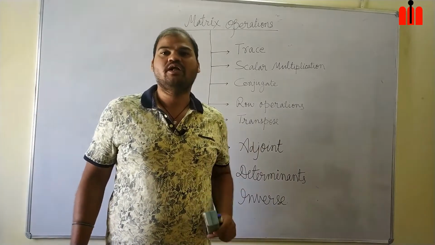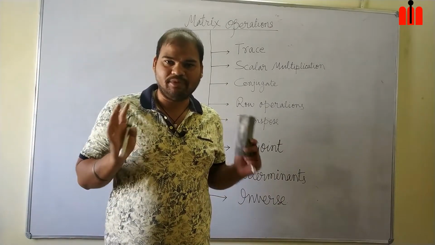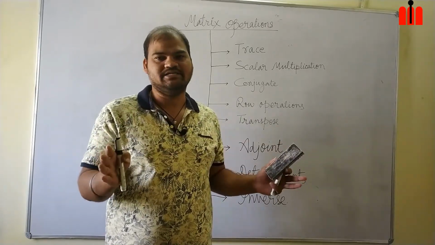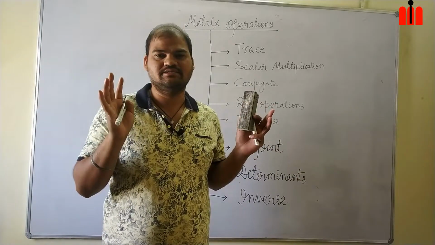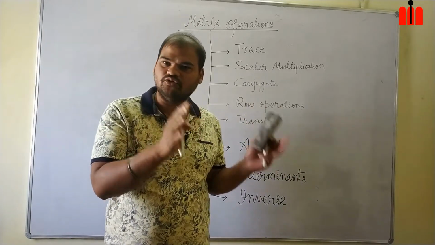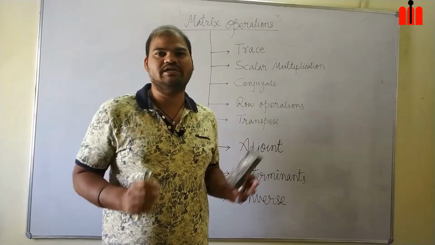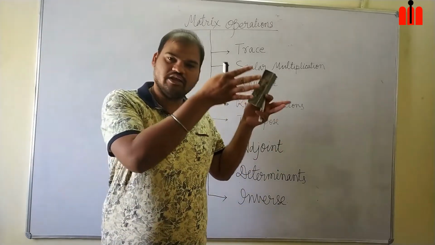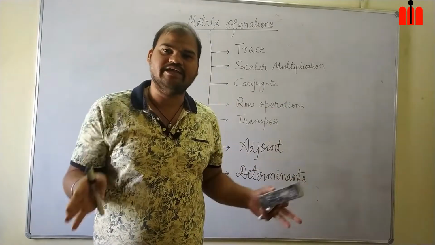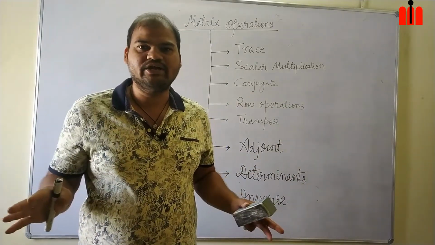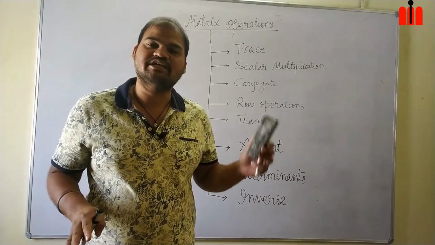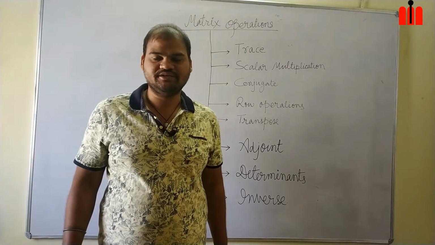Number 1, matrix operations applied between two matrices, like addition of two matrices, subtraction of two matrices, multiplication of two matrices. That is one category, and it was explained totally in detailed explanation class 1.